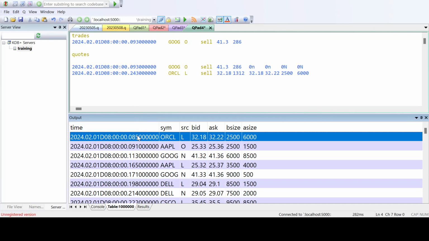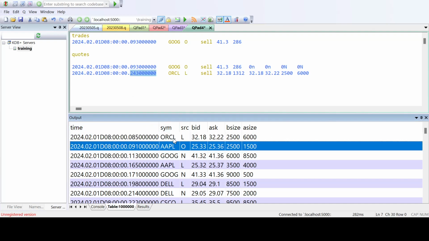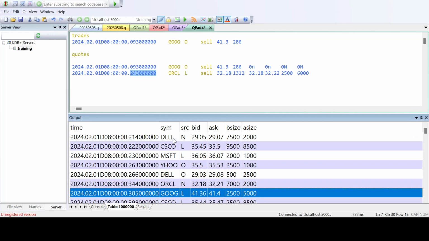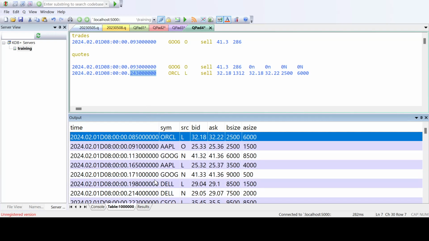So this was the last record before this trade, because the next record came after the trade, at 0.344. We are interested in the record which has come last but before this trade.